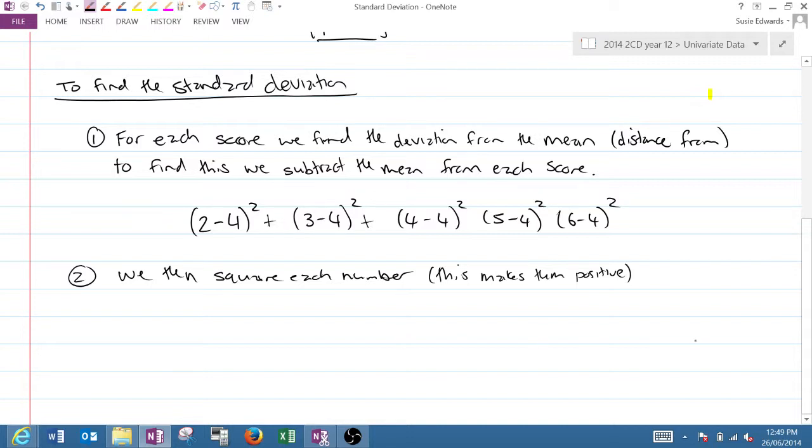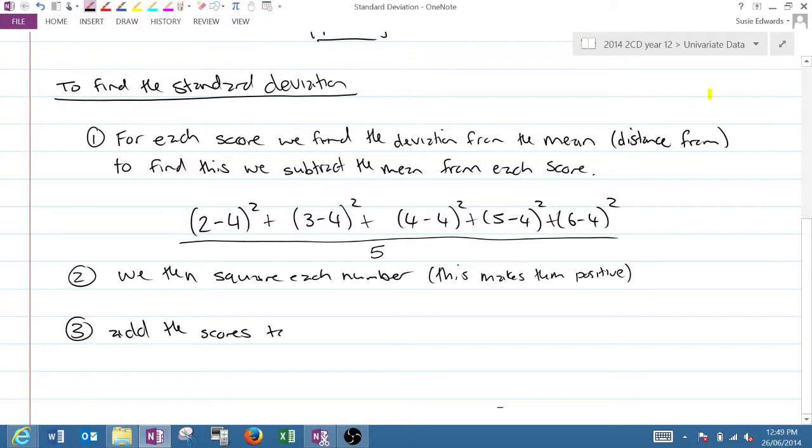So that's our third step. Add the scores together and divide by the number of scores.